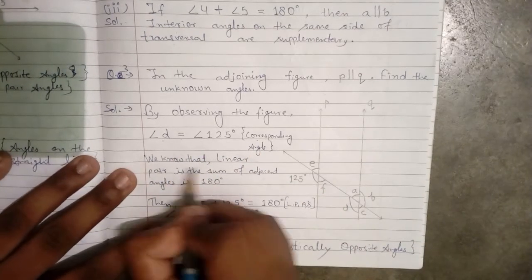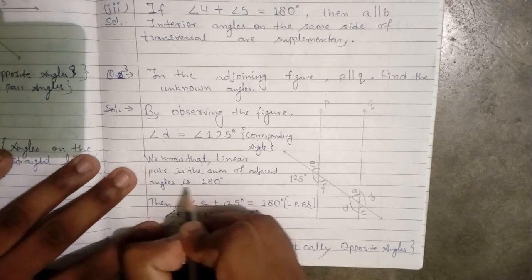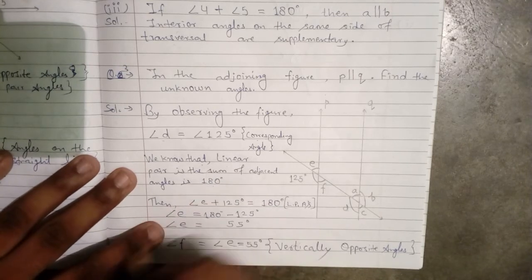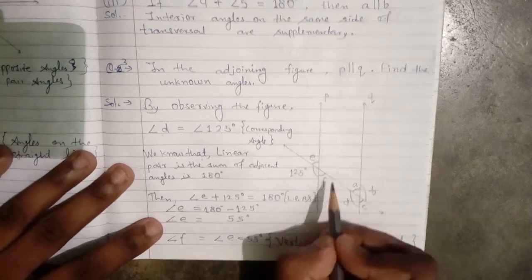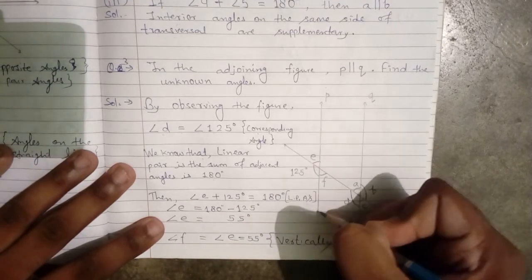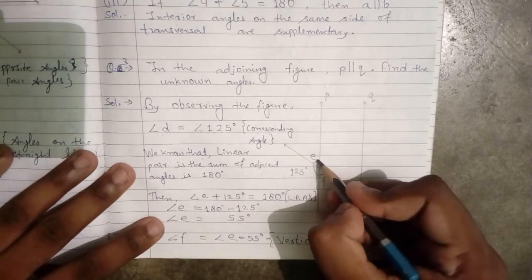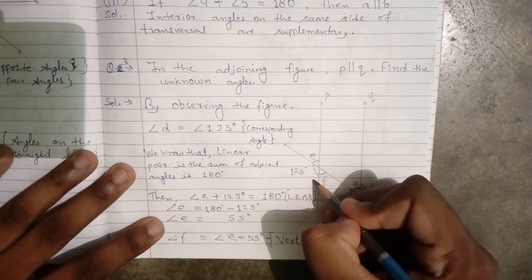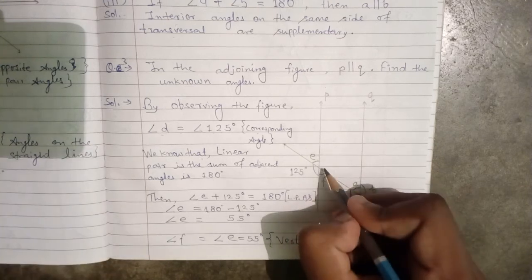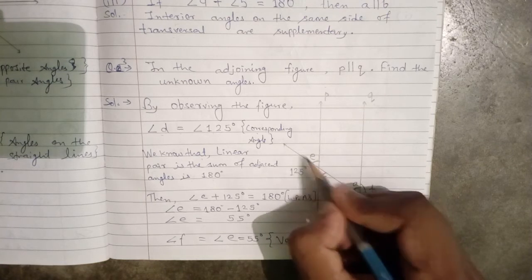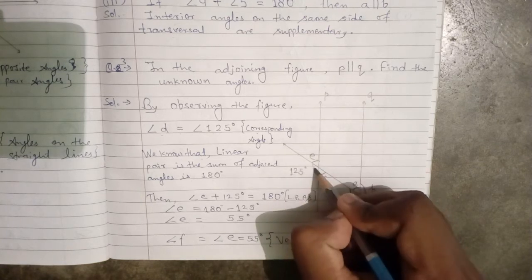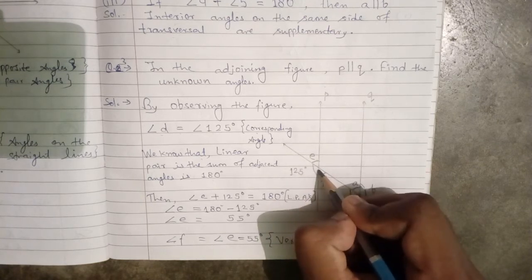Now dear student, we know that in a linear pair the sum of adjacent angles is 180 degree. Now you can see here on this P line, angle E and 125 degree angle. Their non-common arms are on the different side of this common arm. They are having the common vertices.